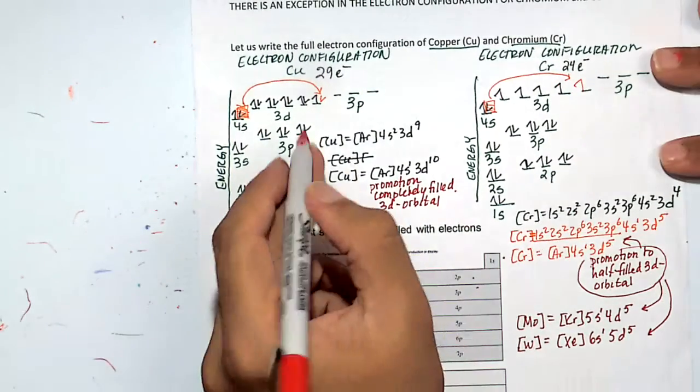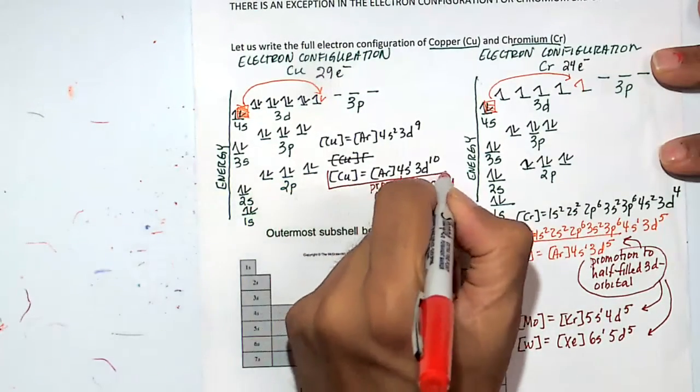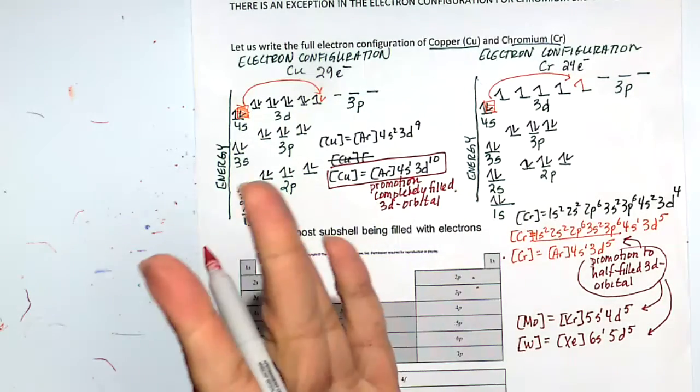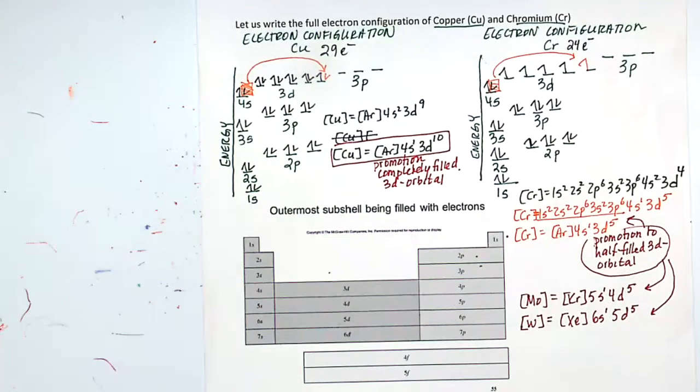So the right electron configuration for copper is 4s1 3d10. It just happens spontaneously, okay? It's just much more energetically favorable. Again, this just happens on its own.